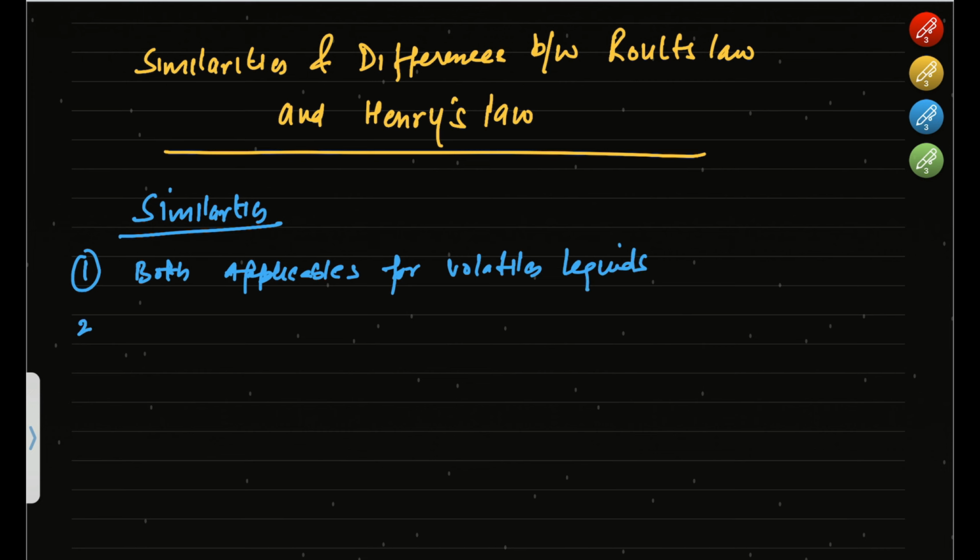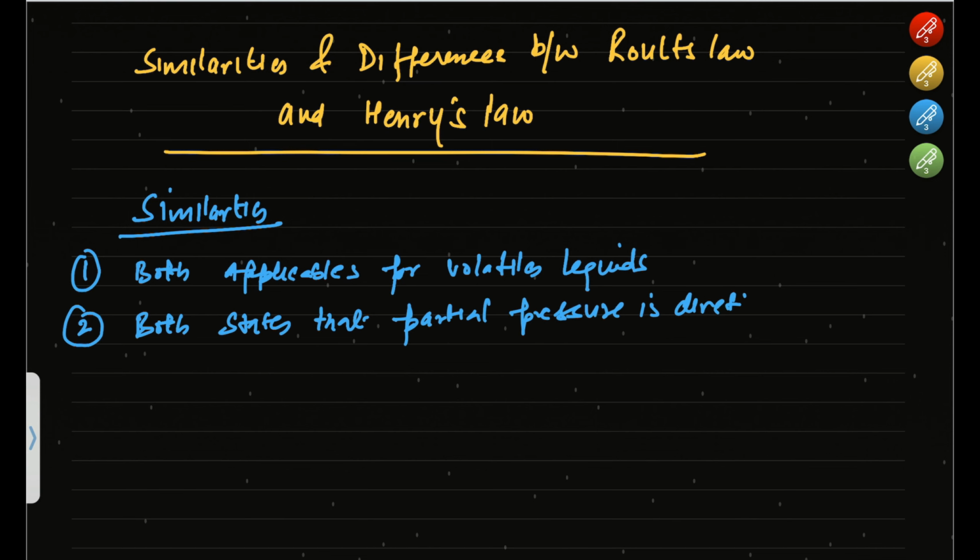Second, both state that partial pressure is directly proportional to mole fraction.